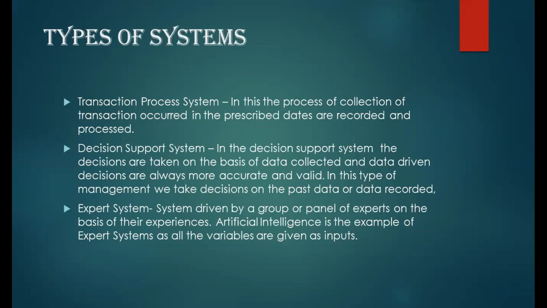It may be sales, purchase, stock keeping, invoicing, accounts, payroll, whatever transactions, the activities which are performed, they are considered transactions. Now these transactions are recorded into a system which is called the transaction processing system.